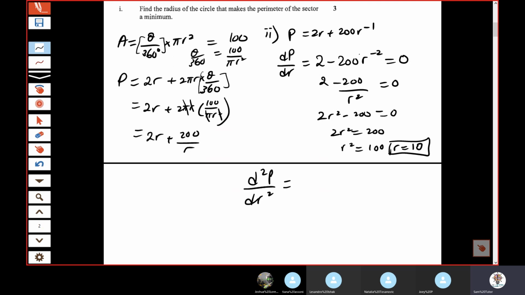Bring the negative 2 down again from the one up here. That's 2's gone, so then that becomes 400 r to the negative 3, which becomes 400 on r cubed, which means it's 400 on 10 cubed, which means this number is always greater than 0. You know, you're done.